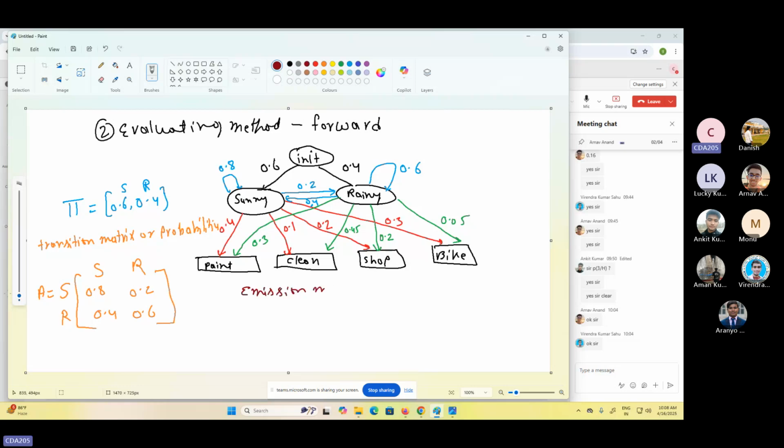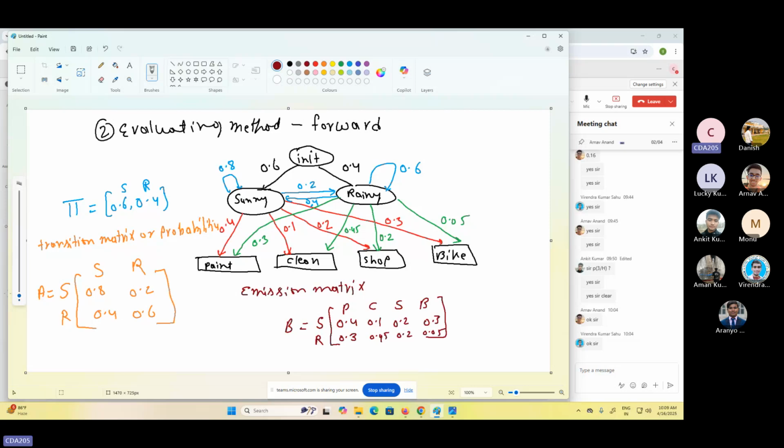That is B. B is paint, cleaning, shopping, biking, with conditions sunny and rainy. So sunny to painting, it is 0.4, 0.1, 0.2, 0.3. Similarly, rainy to painting, it is 0.3, 0.45, 0.2, 0.05.